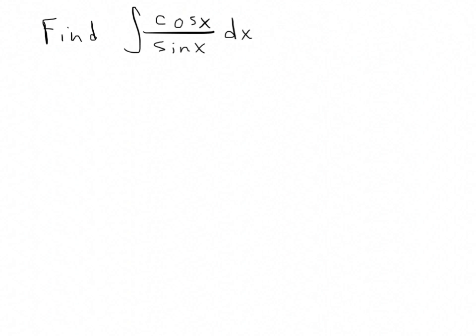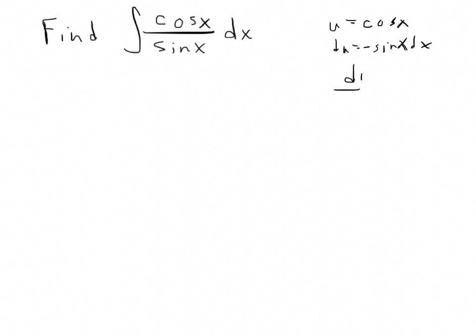We need to choose a u for this problem. You might originally try choosing your u to be cosine, and I'm going to talk through something. I hope you guys can see this. If I choose my u to be cosine x, that means my du would be negative sine x dx. I kind of want to say don't write this down because it's going to be wrong.